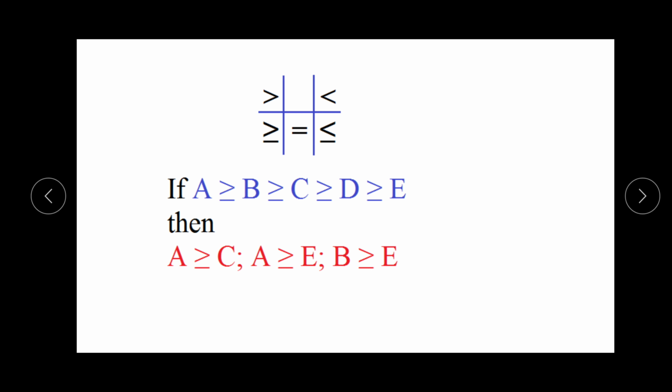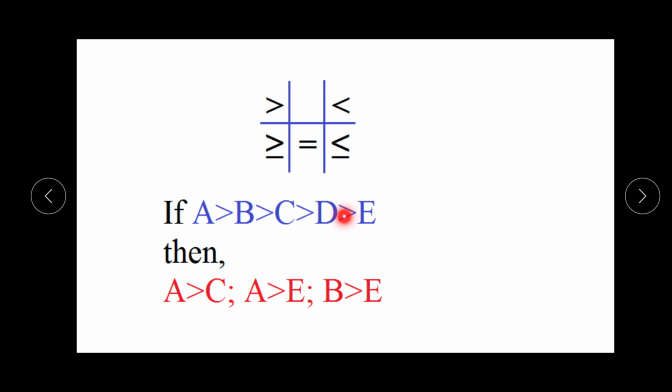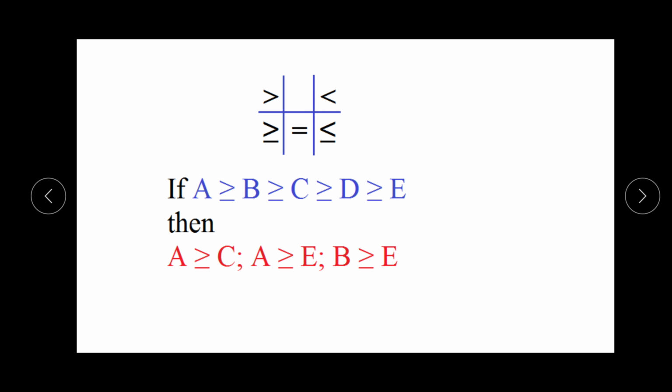We can also read from right to left: E is less than or equal to D, D is less than or equal to C, C is less than or equal to B, B is less than or equal to A. So in both cases we have solved less than or equal to.